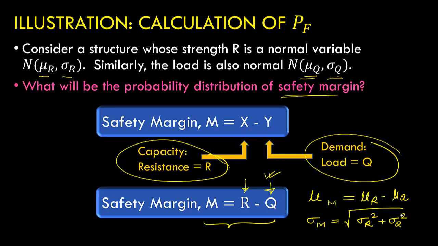And we are making one assumption in this case, that is R and Q are independent of each other.